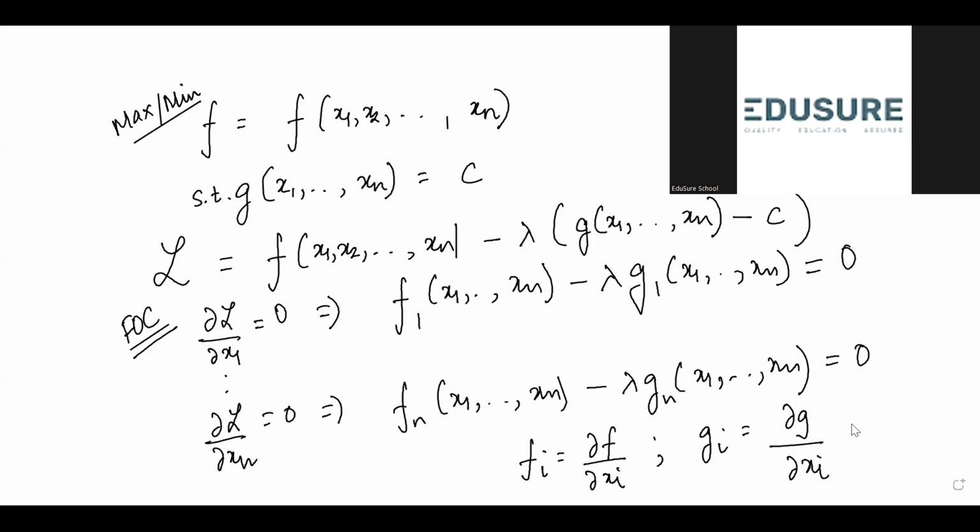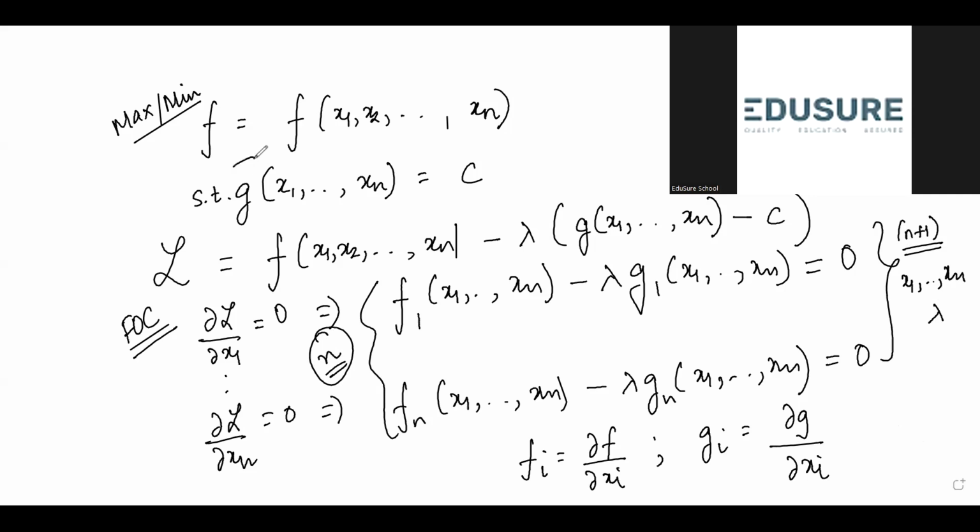If you think about it, there are basically n plus 1 unknowns here, x1 up to xn, and the plus 1 is the lambda, which is the Lagrange multiplier. But here we have basically only n equations. So n plus 1 unknowns kaise niklenge? Please understand that this constraint is itself the plus 1 equation. So n equations yahan par hai.